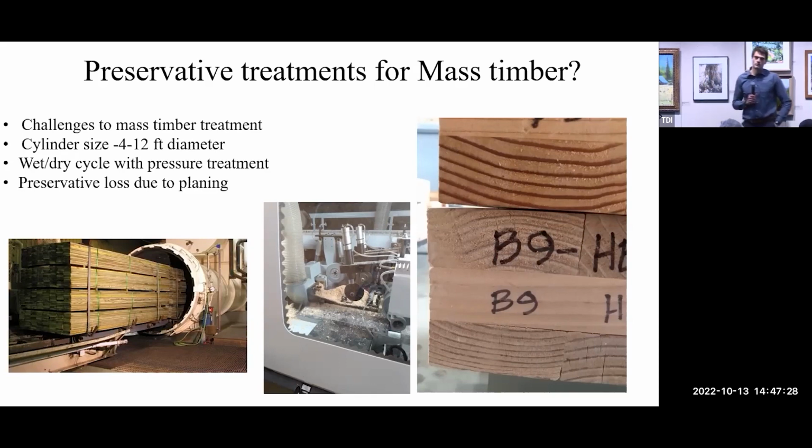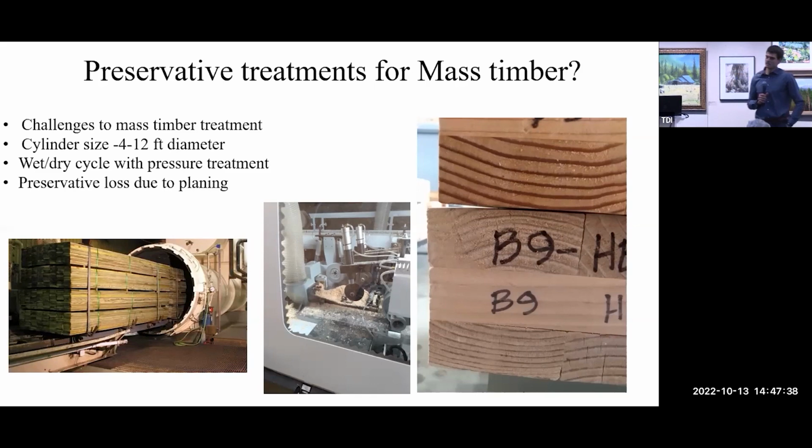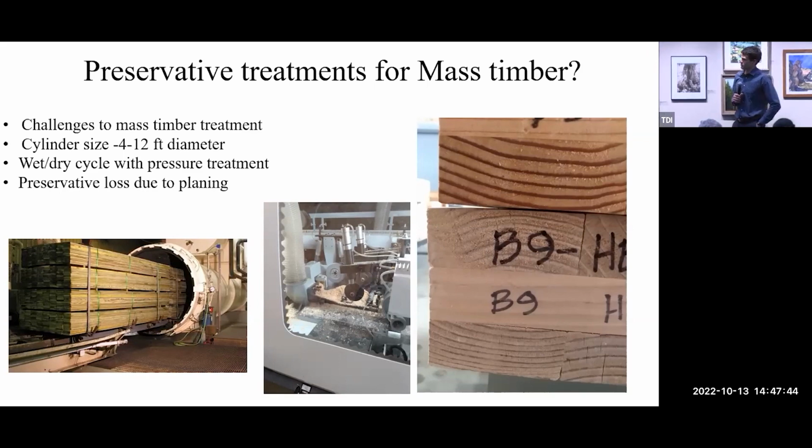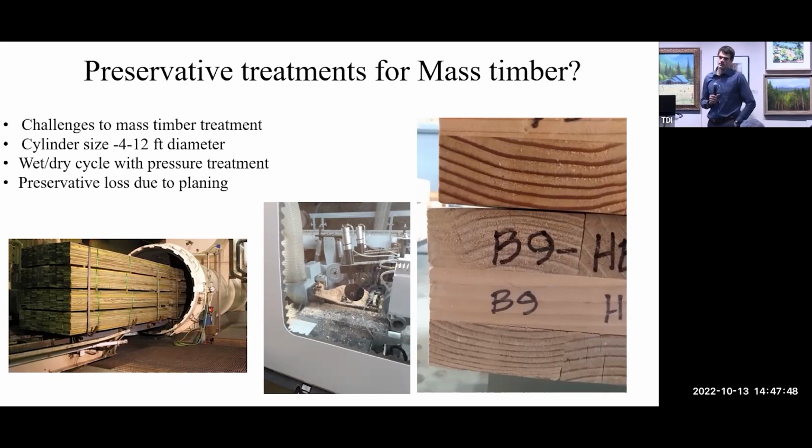One of the more common ones is copper-based formulas. But for appearance products, things that would be used in, say, mass timber construction, some of our less discoloring preservative formulas are more relevant, things like borates that are useful for above ground contact applications.